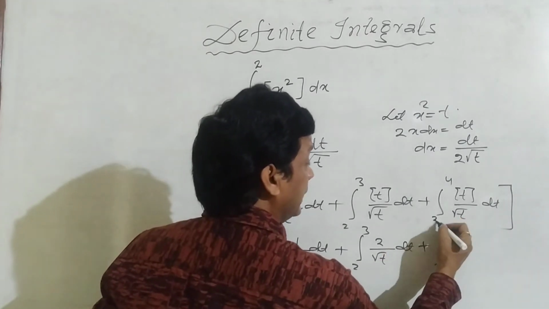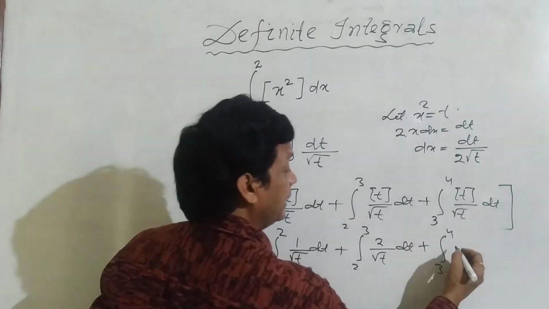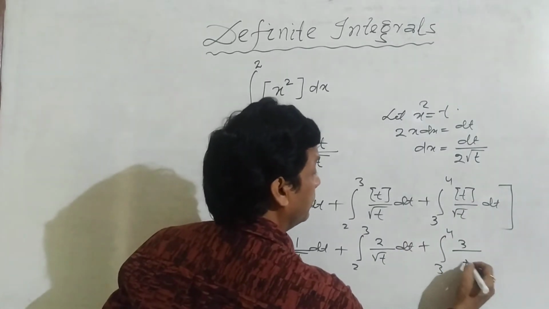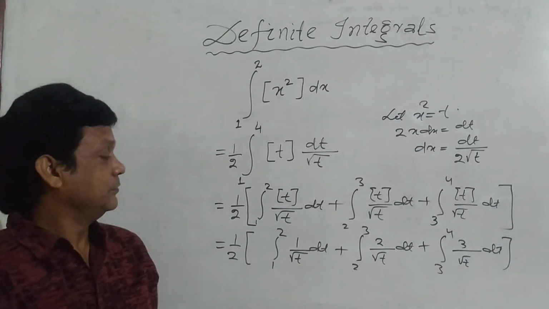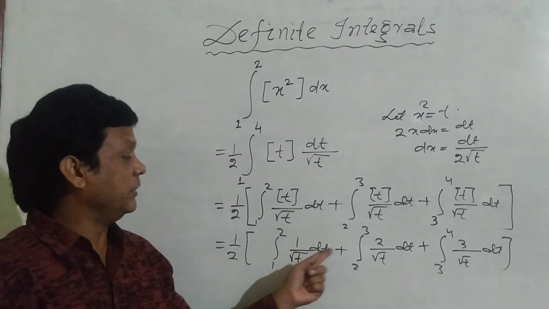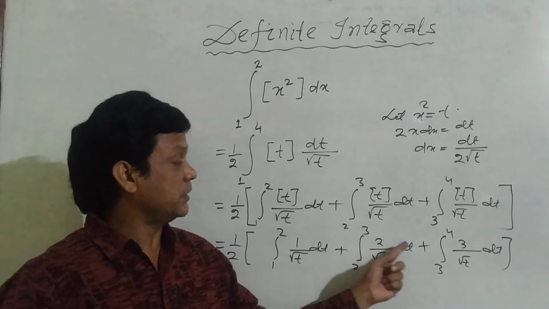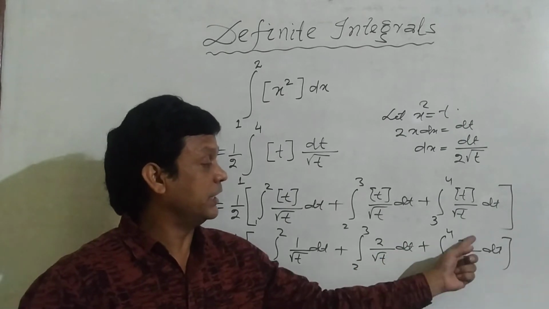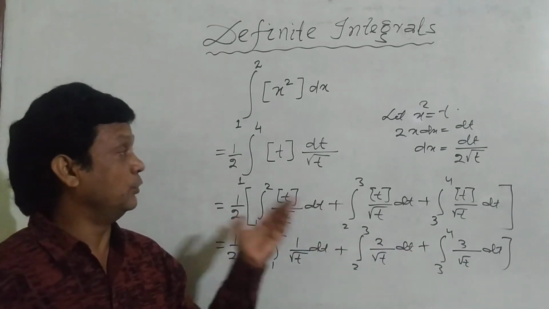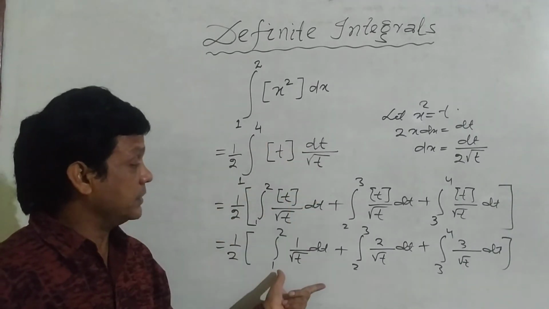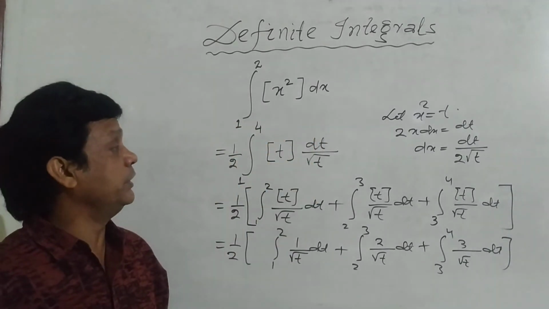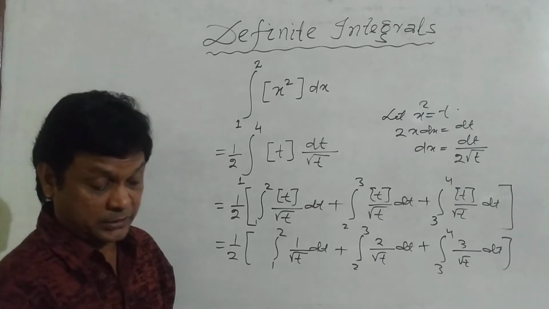When the value of t lies between 3 and 4, the value of bracket t is 3. So 3 by root over of t dt. Now you can solve. Do it. But directly I will tell you how to do this one. Without doing like this, you should do it within 2 lines. Okay, let us see.